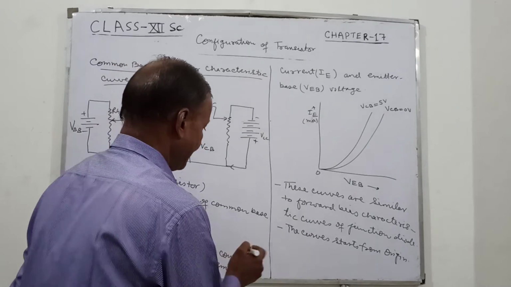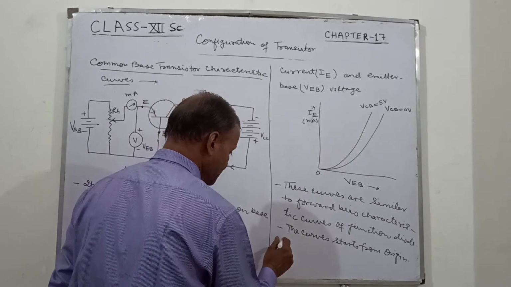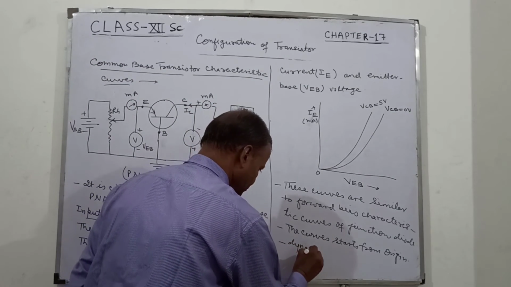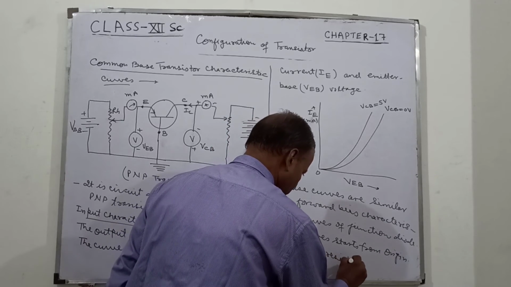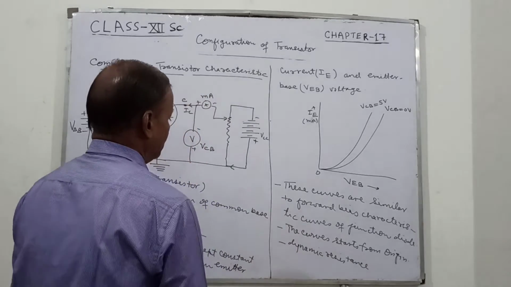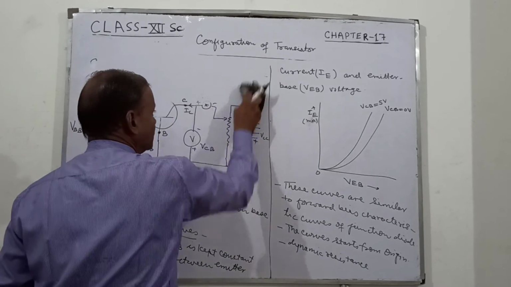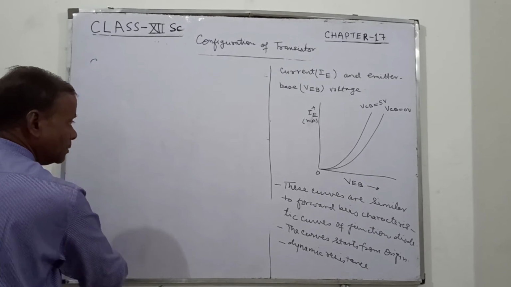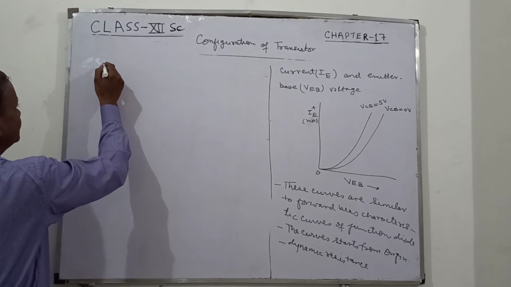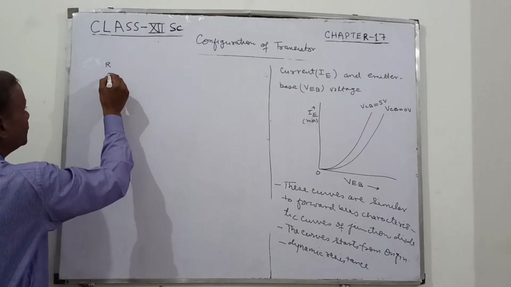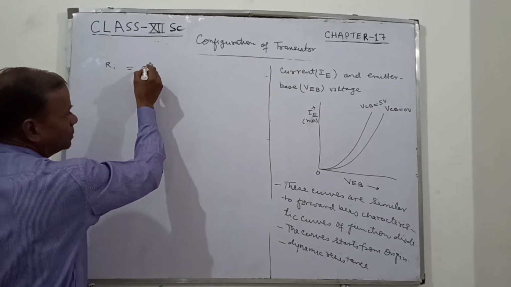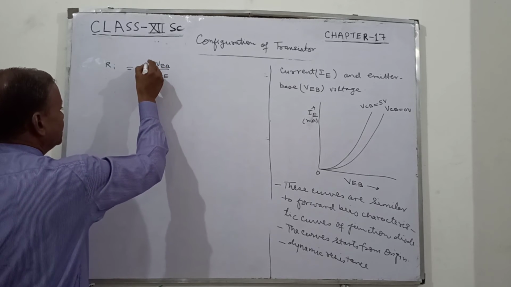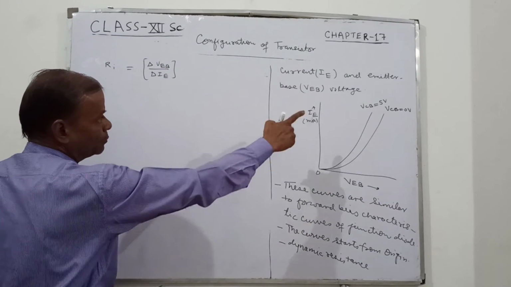So we have the dynamic resistance. The dynamic resistance, this is your R input, taken as delta VEB upon delta IE, and here we keep this VCB constant.